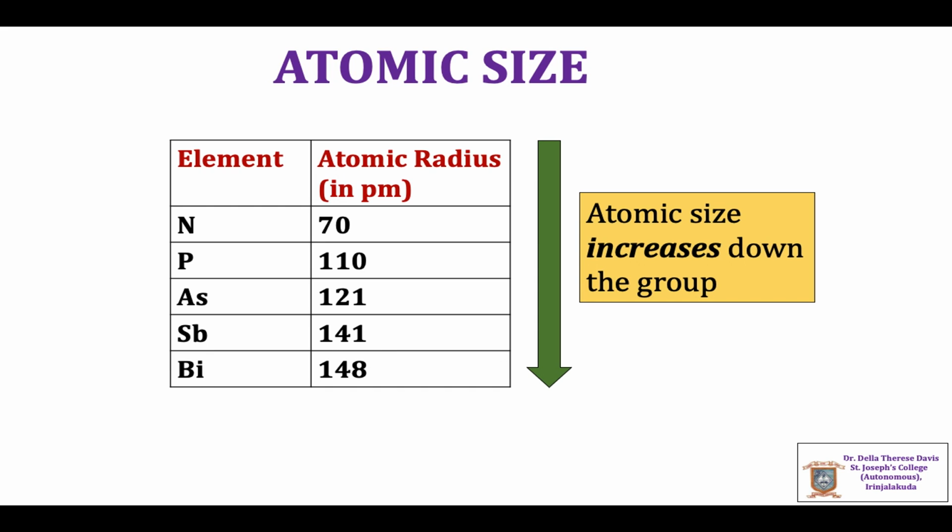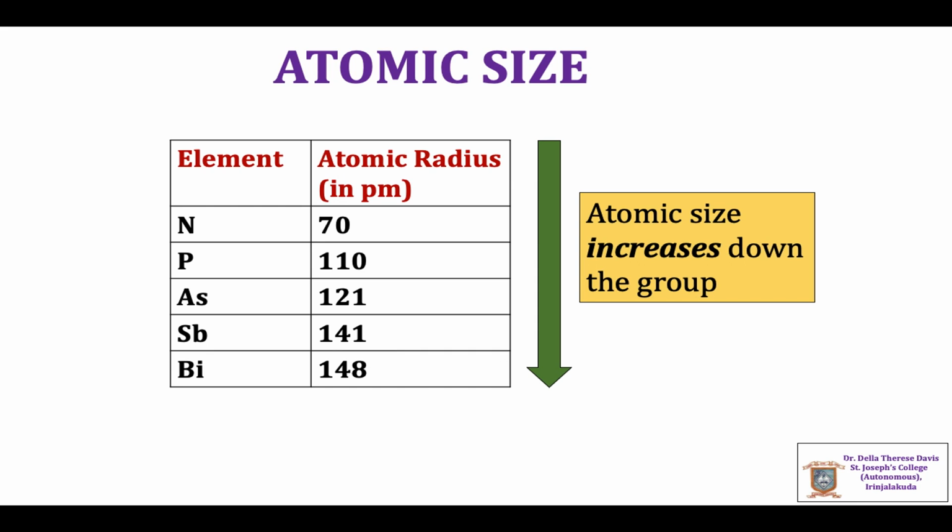This can be explained on the basis of the shielding effect of electrons. In the case of phosphorus, there is a strong shielding effect by (n-1) s and p electrons. Whereas in the case of arsenic and antimony, the (n-1) d electrons show poor shielding effect, and in the case of bismuth, (n-2) f electrons and (n-1) d electrons also show poor shielding effect.